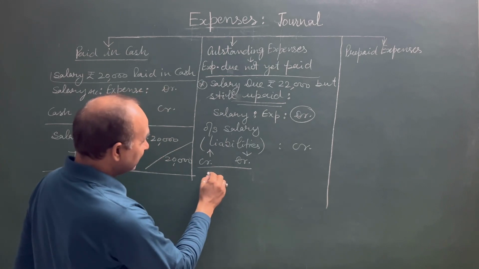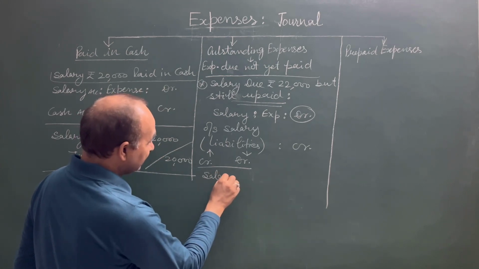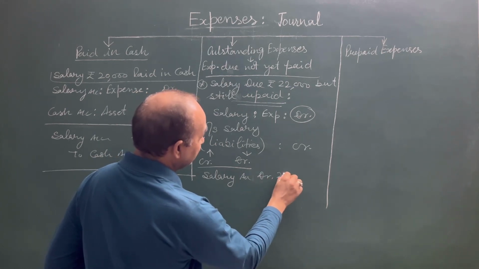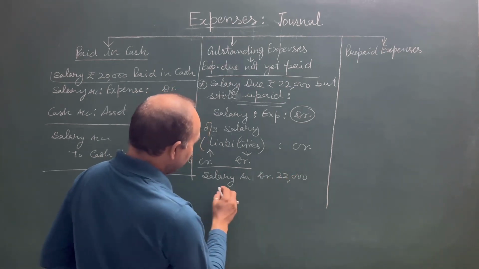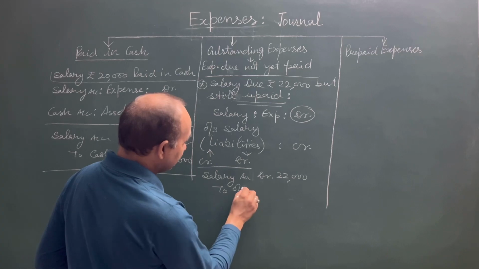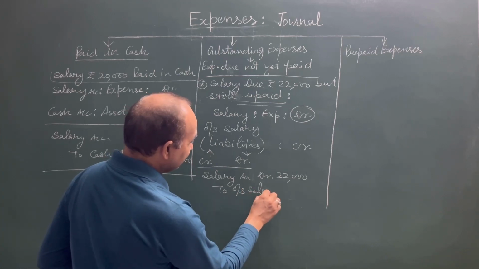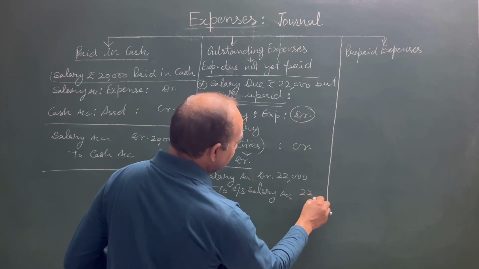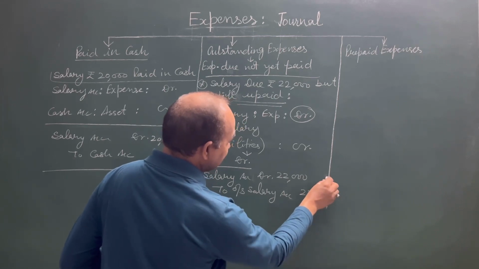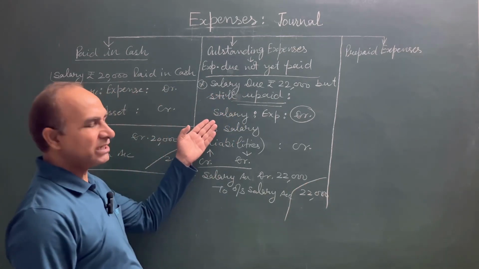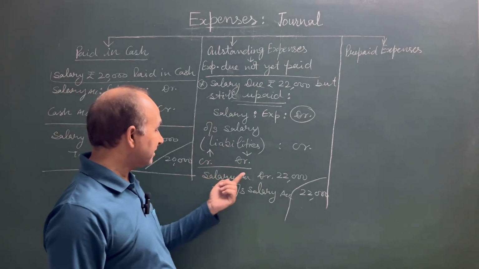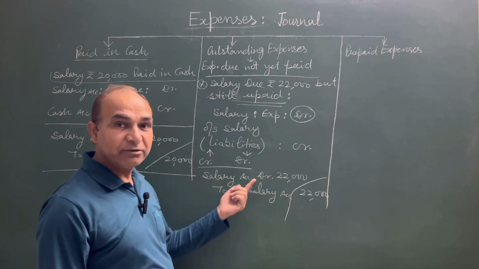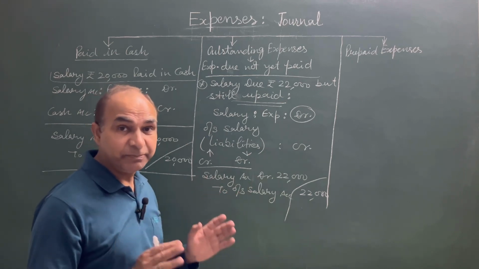So our journal entry will be salary account debit 22,000, in proper format, to outstanding salary account. This is the journal entry, and this is the treatment of outstanding expenses. If in place of salary it is wages, wages account debit to outstanding wages. It may be repairs account debit to outstanding repair account.